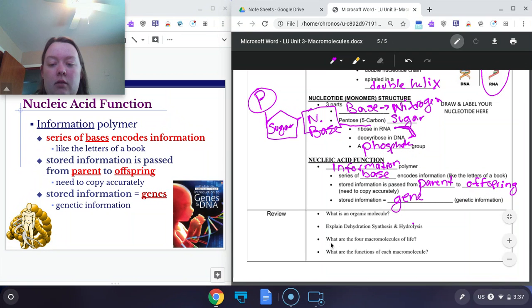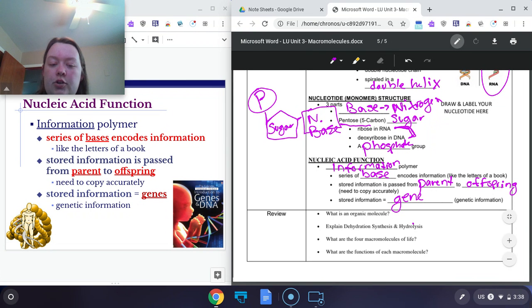Number 3, what are the 4 macromolecules of life? There are carbohydrates, lipids, proteins, and nucleic acids. So one more time, carbohydrates, lipids, proteins, and nucleic acids. And the last, what are the functions of each macromolecule? Carbohydrates, fast energy, structure.